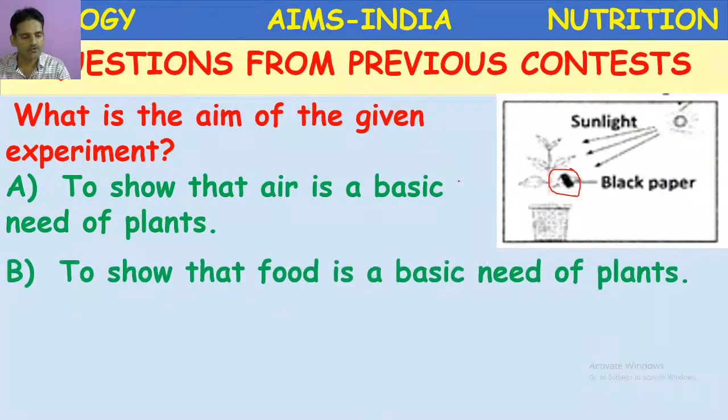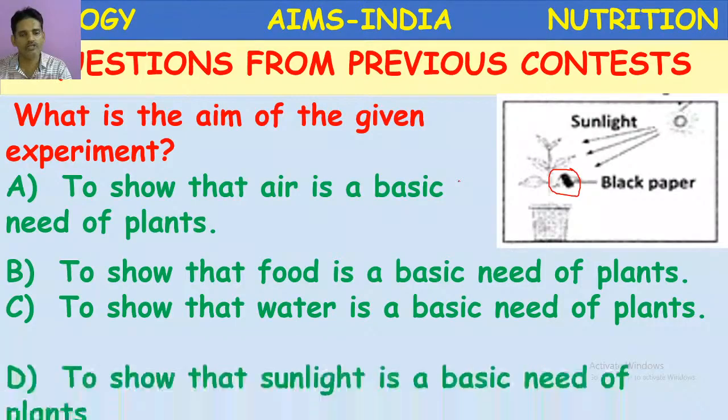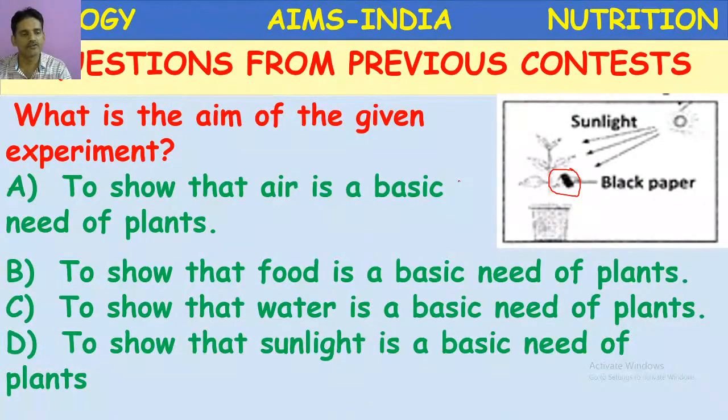To show that food is a basic need of plants. To show that water is a basic need of plants. To show that sunlight is the basic need of plants. So this is one experiment. The entire process of photosynthesis can be understood by means of experimentation.